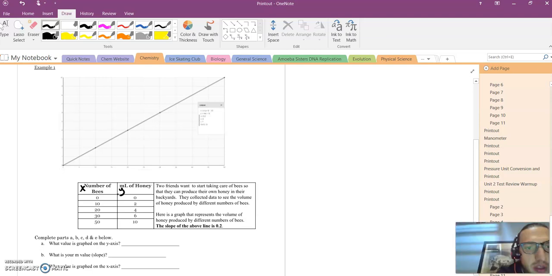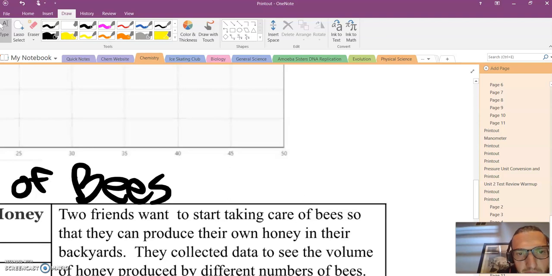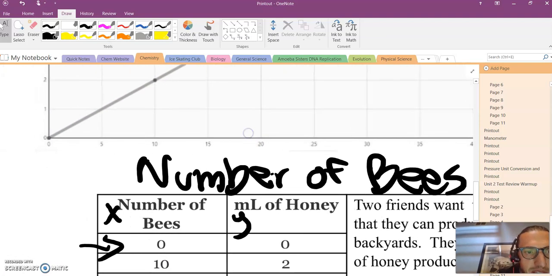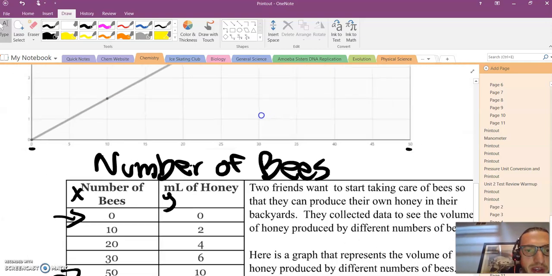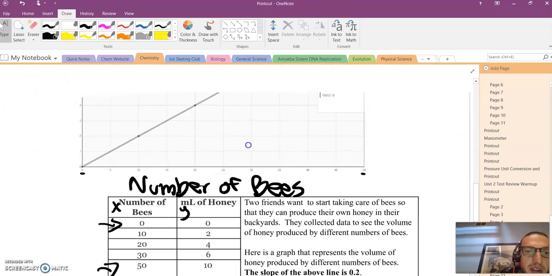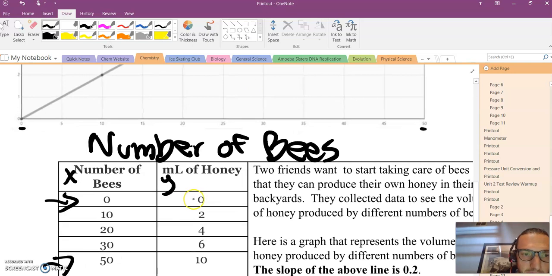Okay, so this on the bottom is going to say number of bees. And you see the numbers over here are going from 0 to 50. You've got numbers that start at 0. They go all the way to 50. Now for milliliters of honey, you see that the numbers go from 0 to 10.